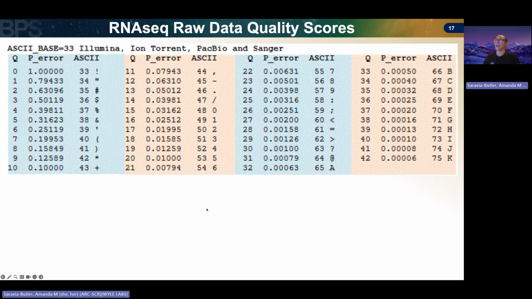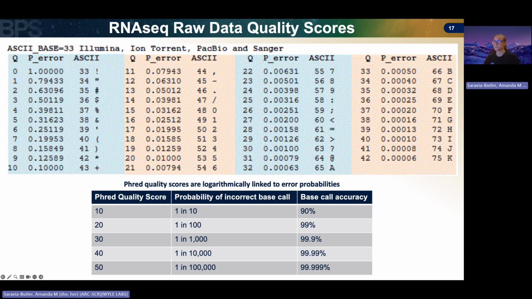And so as a reminder from the GL4U intro module set, the higher the quality score or the Q score, the more confidence you have that if the sequencer called a base an A, that it actually was an A. And so you could just see here from a quick look that these higher Q scores tend to be encoded by capital letters in the ASCII mapping, whereas lower quality scores are represented by symbols or even numbers here in the ASCII mapping.